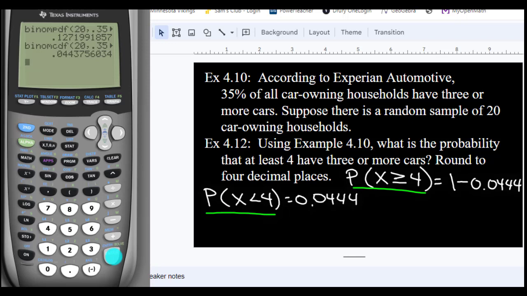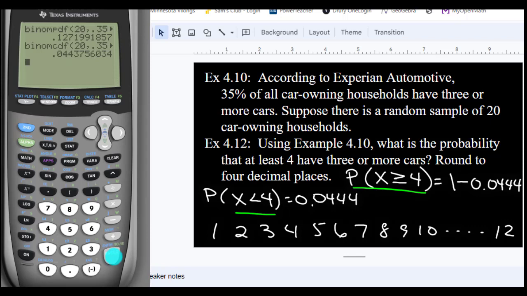So if you think about what's going on here, you've got 1, 2, 3, 4, 5, 6, 7, 8, 9, 10, all the way to 20. What we just found in our last example was all the times when X was less than 4.